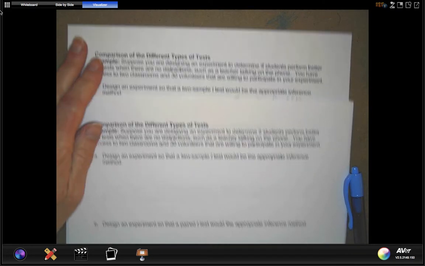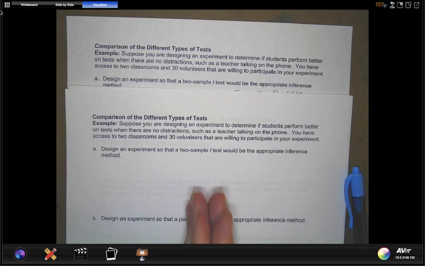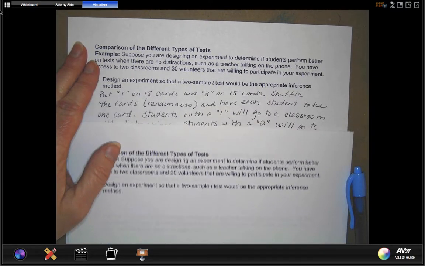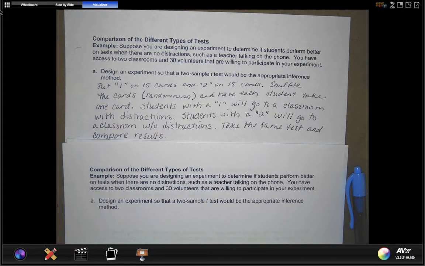If I wanted to do a 2-sample t-test here, then I have to take my 30 volunteers and split them up into 2 groups. I could describe using the labels, or calculator, or the table. So I'd put number 1 on 15 cards and number 2 on 15 cards. Shuffle the cards and have each student take 1 card.